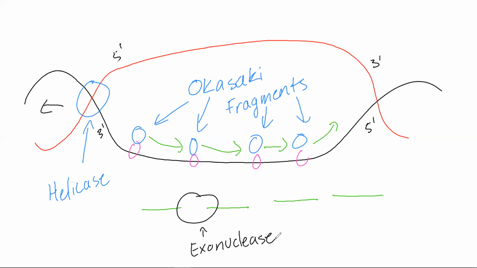Exonuclease removes those RNA primers, leaving the holes there, and then it tells DNA polymerase to go back in and fill in all those holes again. That's why you don't have replicated DNA with a ton of holes in it, right? Because exonuclease comes in and tells the DNA polymerase, hey, we've got missing fragments. So that's how the replication on the bottom strand happens, right? The strand that's going in the opposite direction of the helicase.